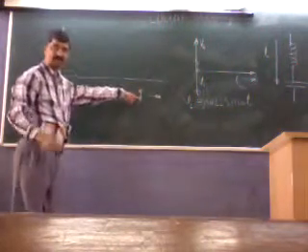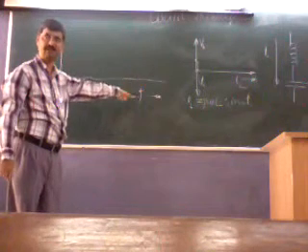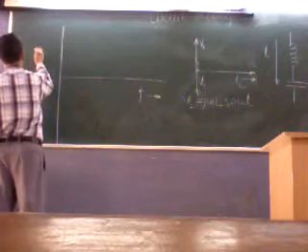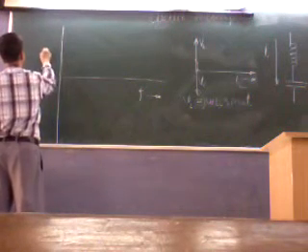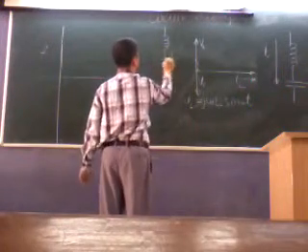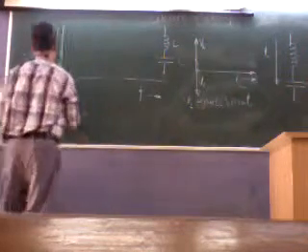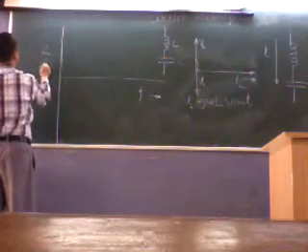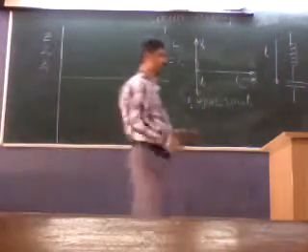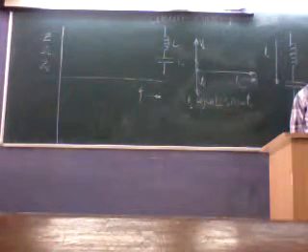Omega upon 2 pi. Omega is 2 pi F. So for 50 Hertz, omega is 100 pi. Then so if I am having this LC series circuit, R doesn't matter. So for this, you plot ZL, ZC and Z. How can you plot this?